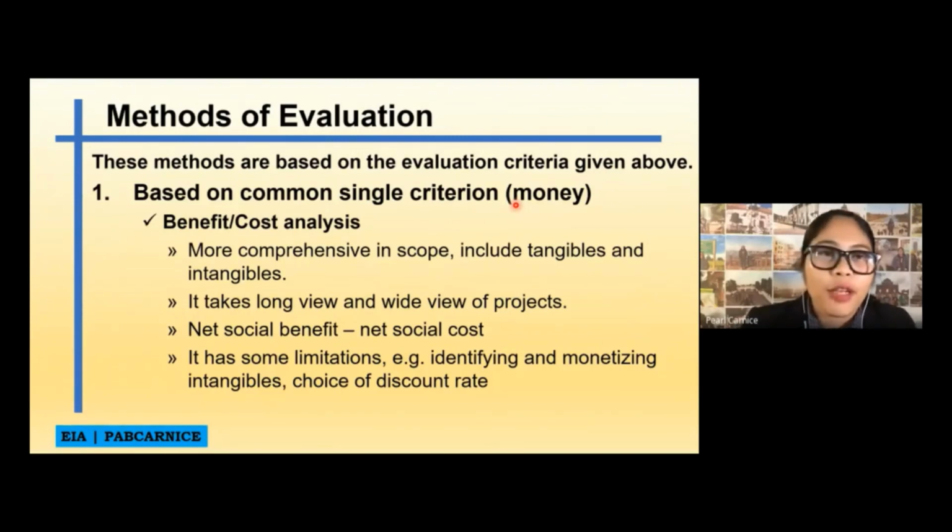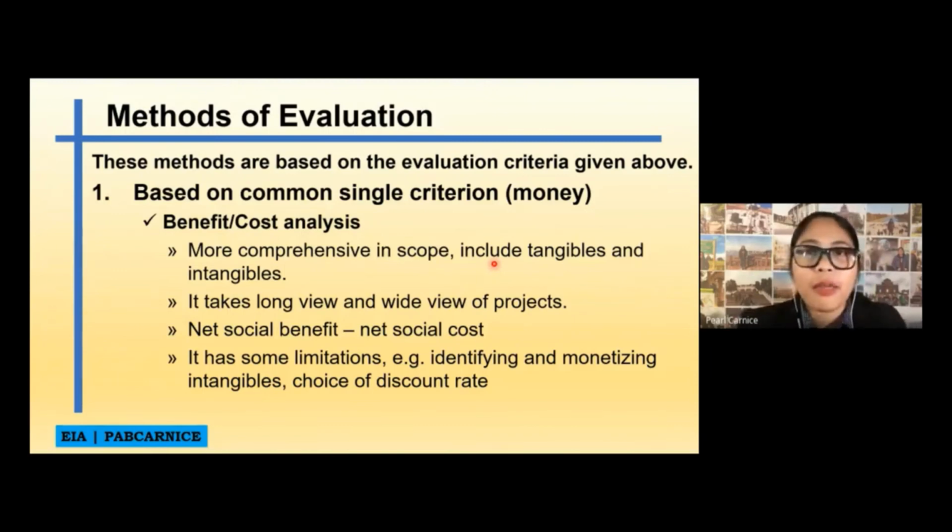We can identify the benefits and the costs of the specific project, and from that, we can evaluate if the project per se is worth doing or not. It is more comprehensive in scope and includes tangibles and intangibles. At the same time, it takes a long view and wide view of projects. We can also identify the net social benefit and the net social cost.